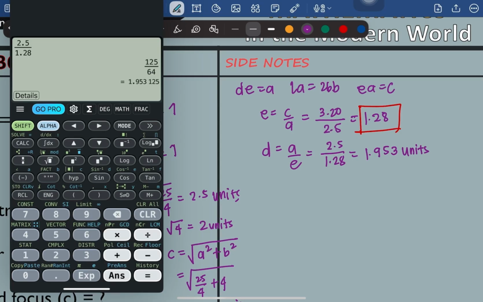So twice of the D is equal to 3.906 units.